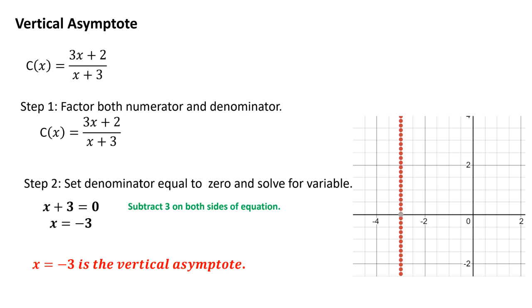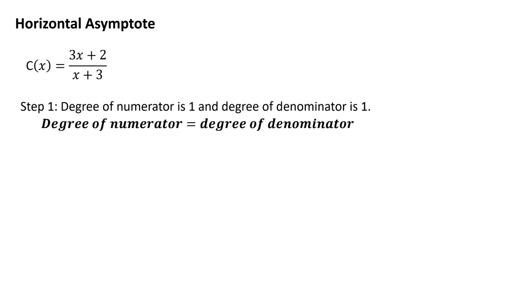Again, for the horizontal asymptote, we're looking at our cases. And it's going to be this case 2, what I consider. We see that the degree of the numerator is 1, the degree of the denominator is 1, so they're both equal.